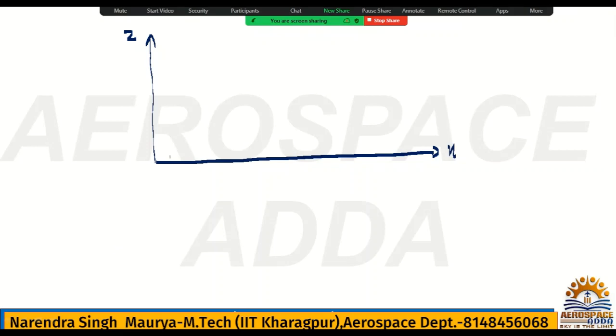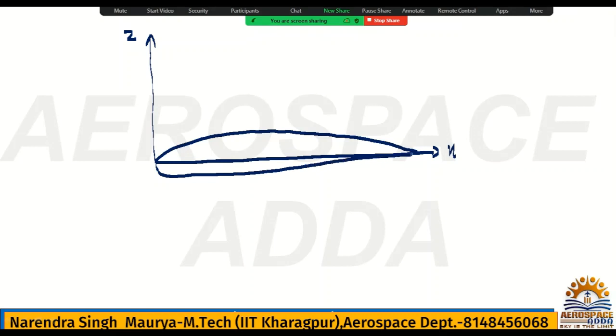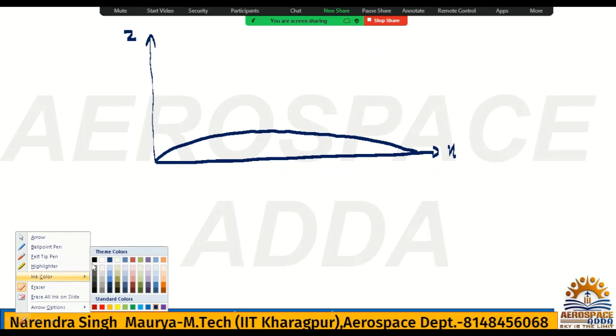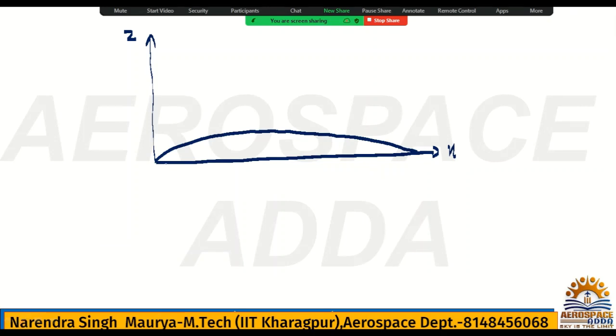Now I can show the airfoil. This is the airfoil.